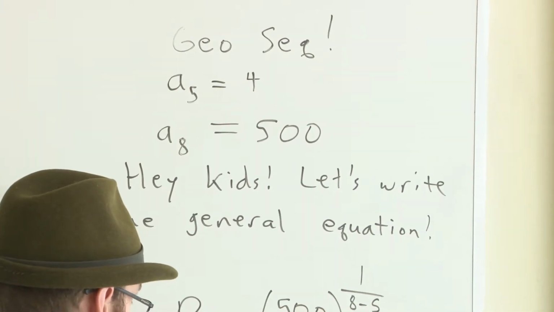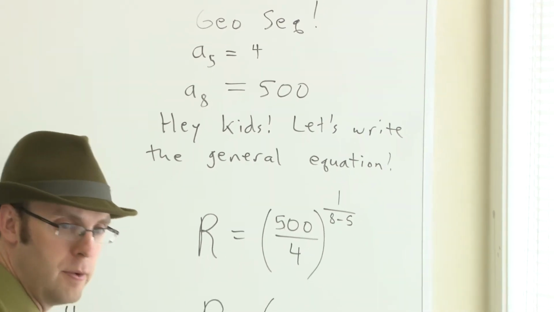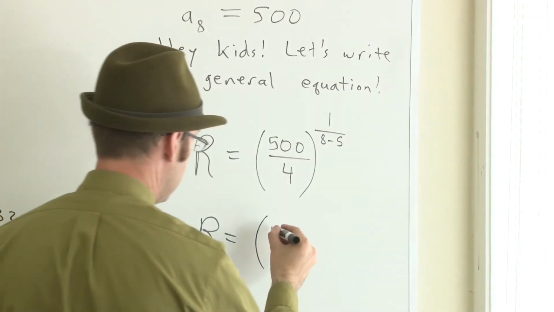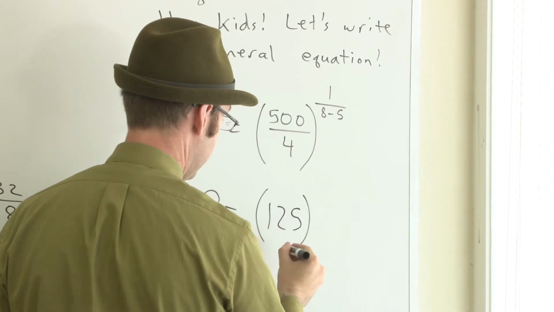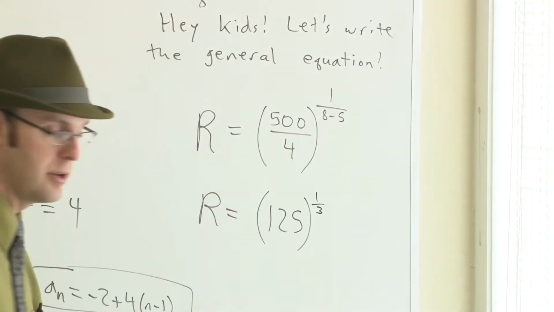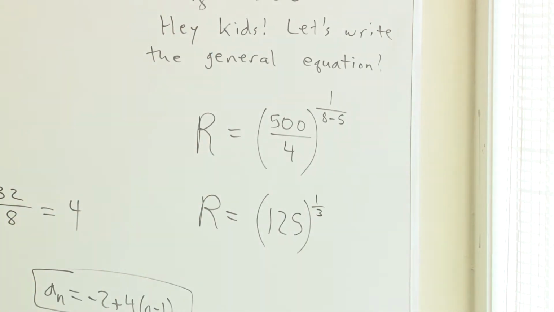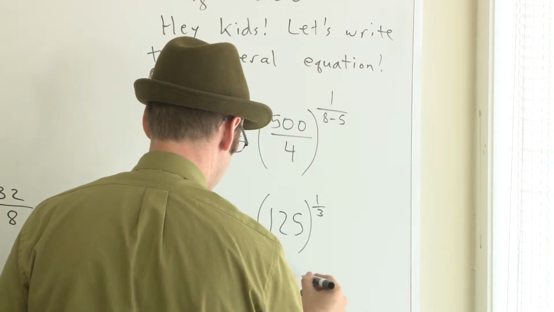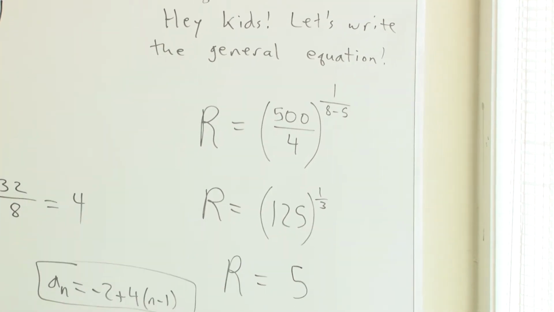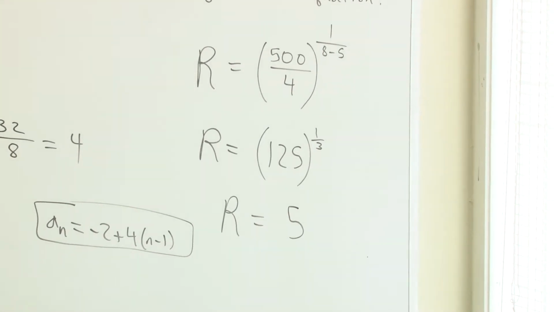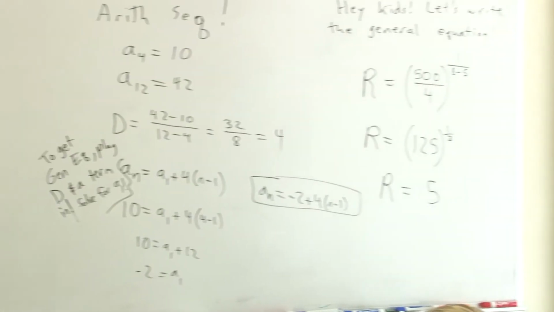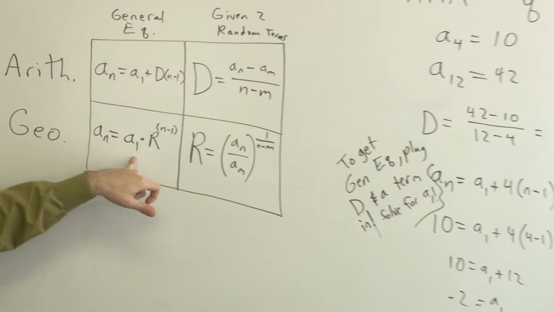So 500 over 4 should be 125. If I take that to the 1/3 power, what's the cube root of 125? 5. So R is 5. And now I can plug 5 into my general equation, and then one of my points, to figure out what A1 is.